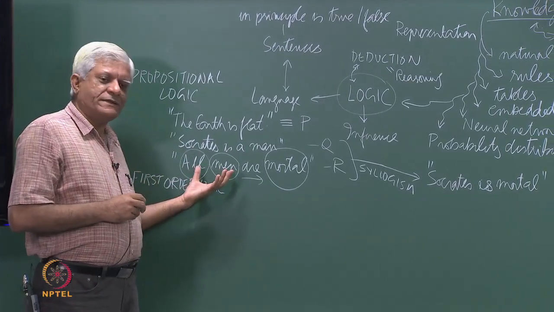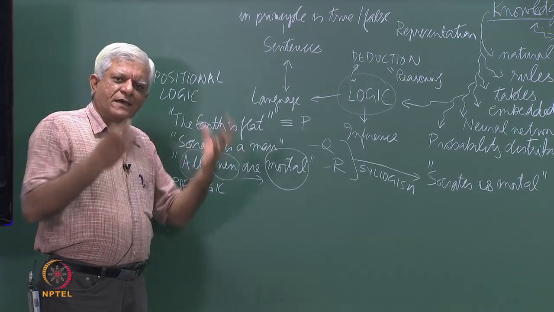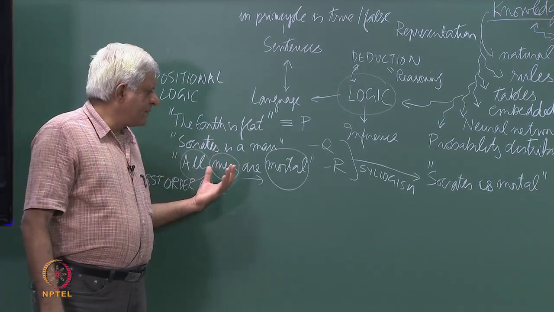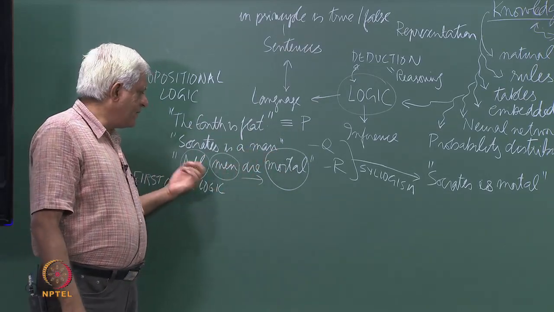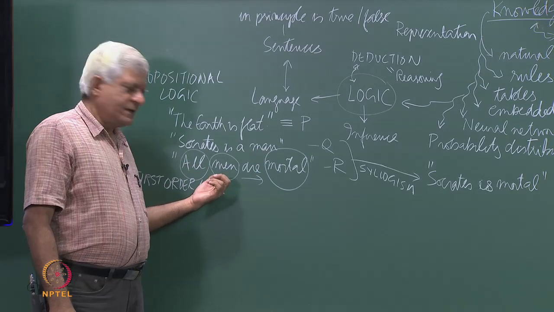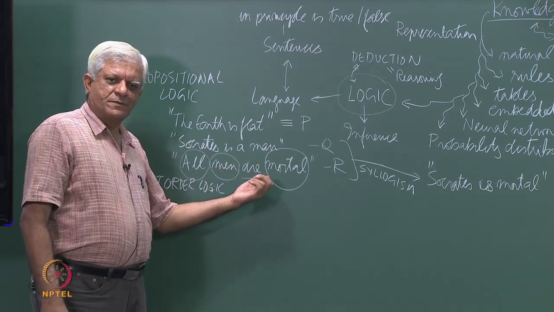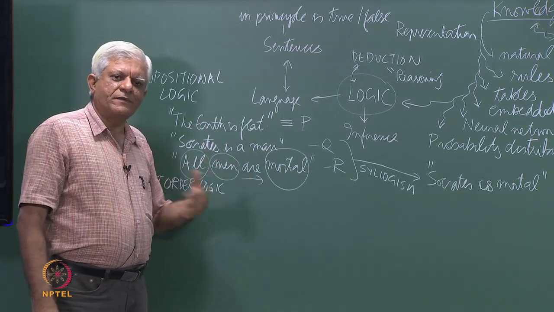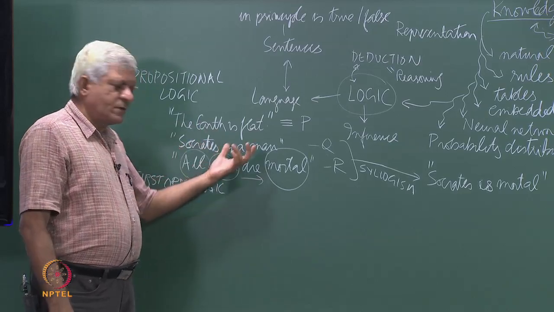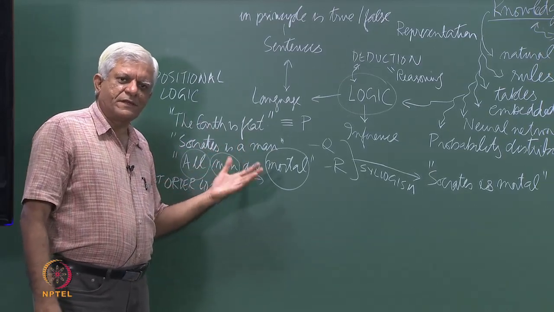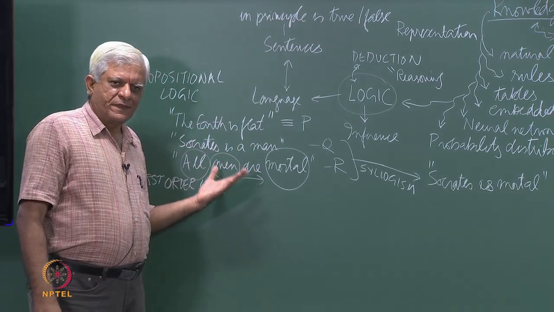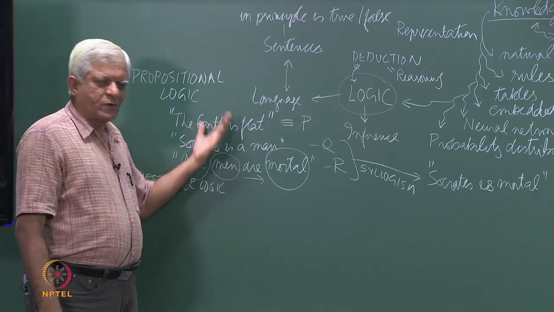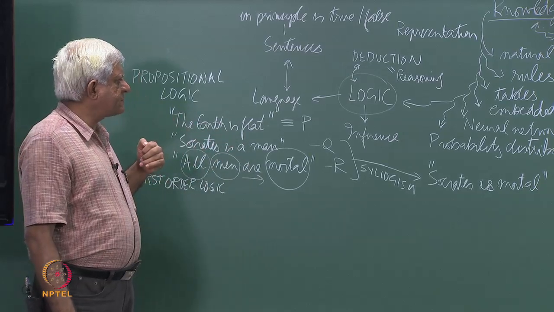So, essentially what we will say is that men is a class of entities, mortal is another class of entities, and if anything happens to be a man, then that must also be mortal. And then from that we will reason that because Socrates happens to be a man, then Socrates is mortal. But to do this, we need this machinery of first order logic, which is a little bit more expressive in nature.